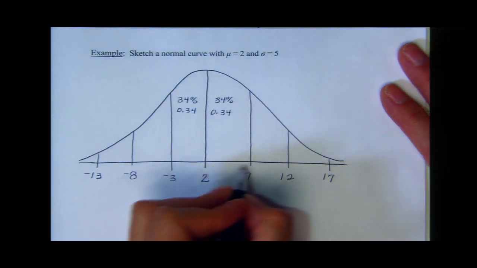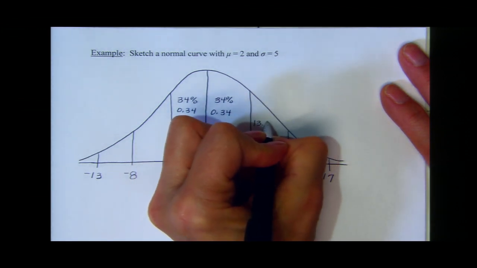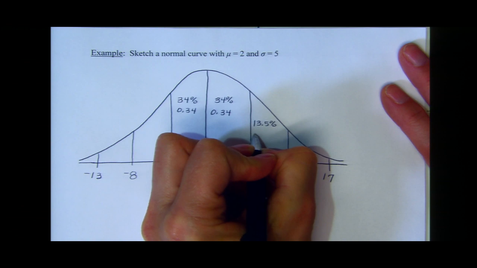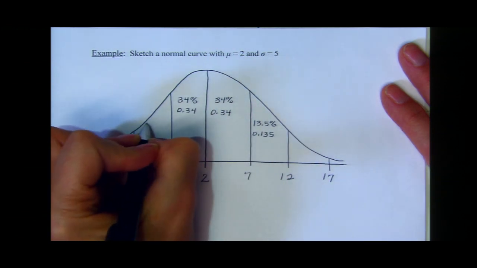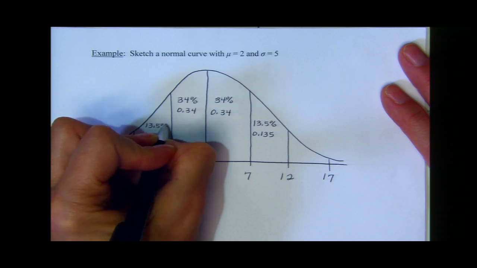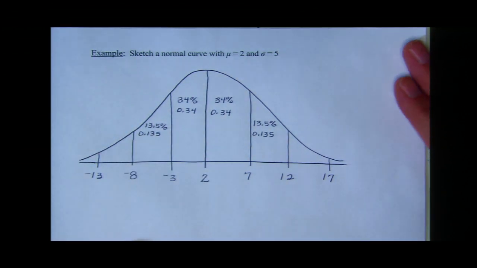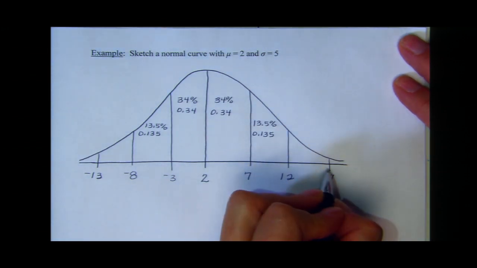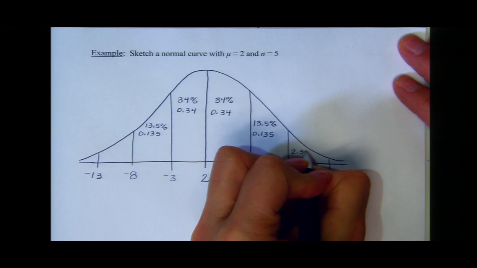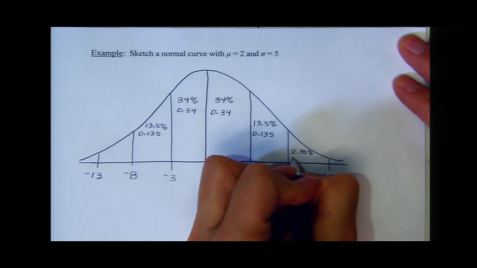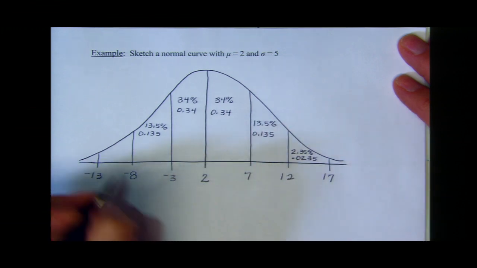Between the first and second standard deviation, it is 13.5% or 0.135. Between the second and third standard deviation, it is 2.35% or 0.0235.